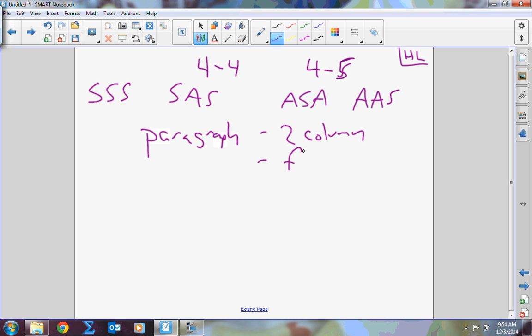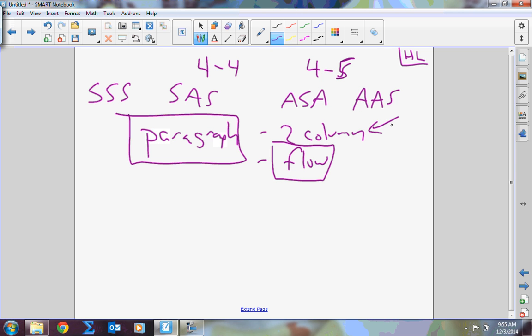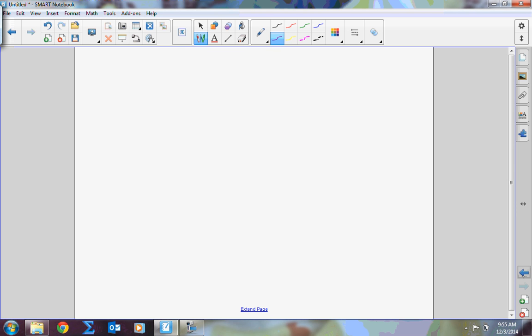And you'll have flow. Now the flow proof probably won't be fill in the blank like it was before, because I think that was confusing to some. You'll probably have to write this one by yourself, and that one by yourself. And this one you might write by yourself, or it might be fill in the blank. And remember, it's going to go in varying degrees of difficulty.